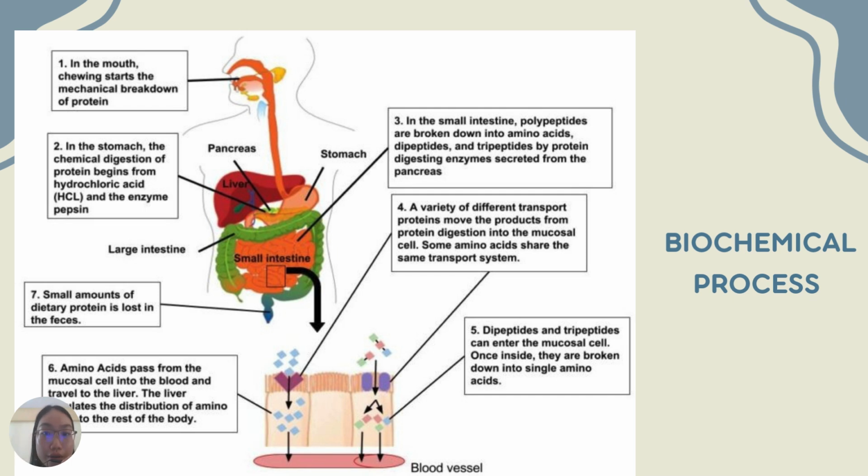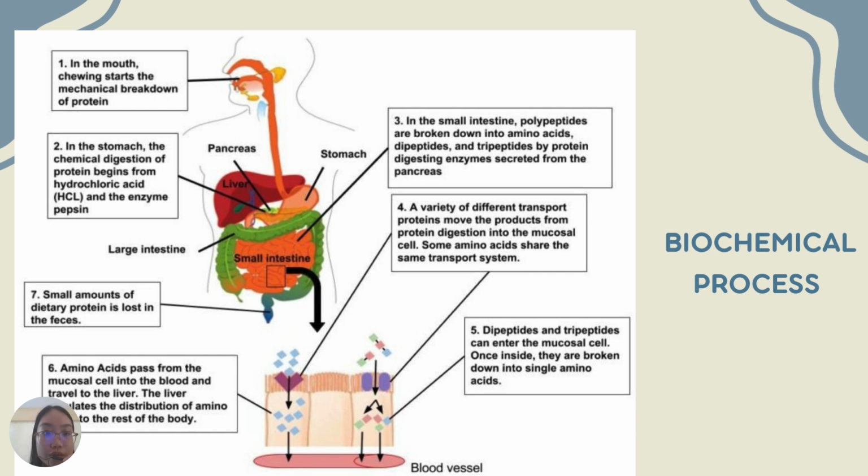Next is the biochemical process. In the mouth, the chewing starts, which is the mechanical breakdown of the protein. Then, in the stomach, the chemical digestion of protein begins with hydrochloric acid (HCl) and the enzyme pepsin.